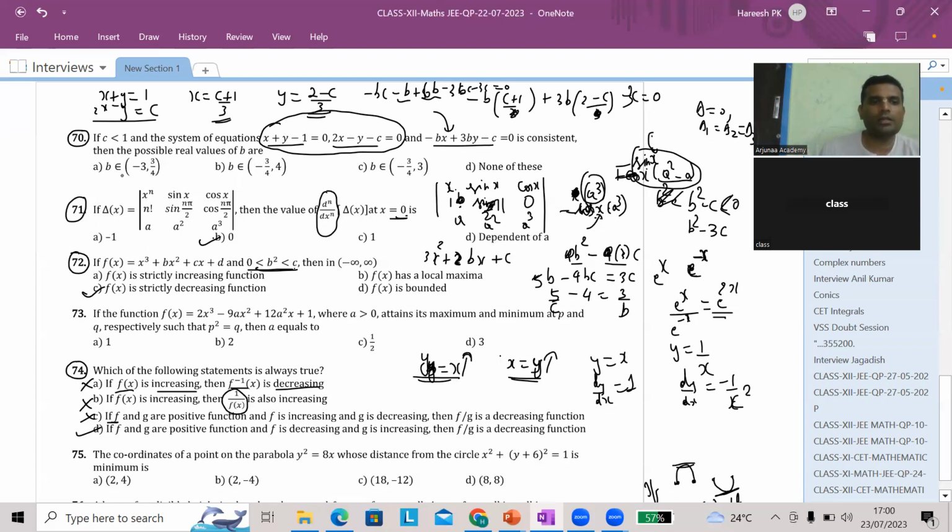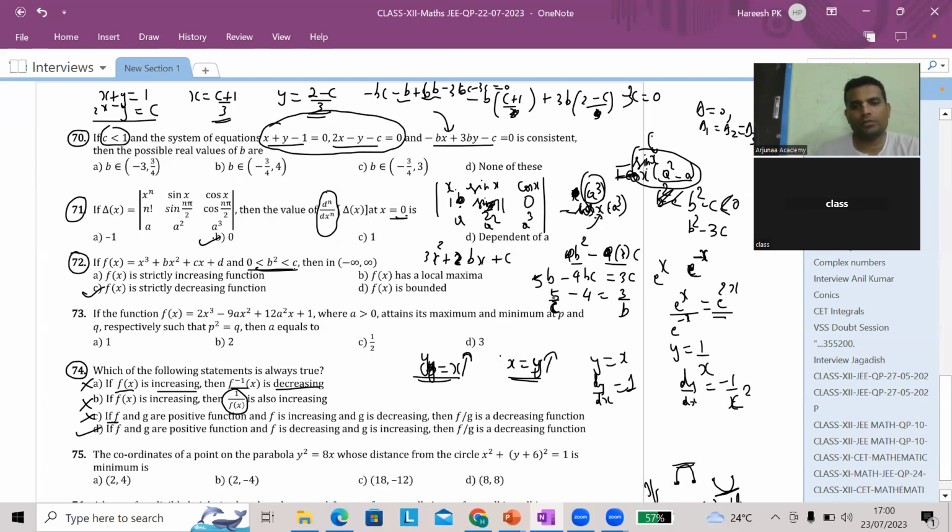Now we know that c is less than 1. So if c is less than 1, what do you think? First of all, put c as equal to 1. What will you end up getting? 5 minus 4.